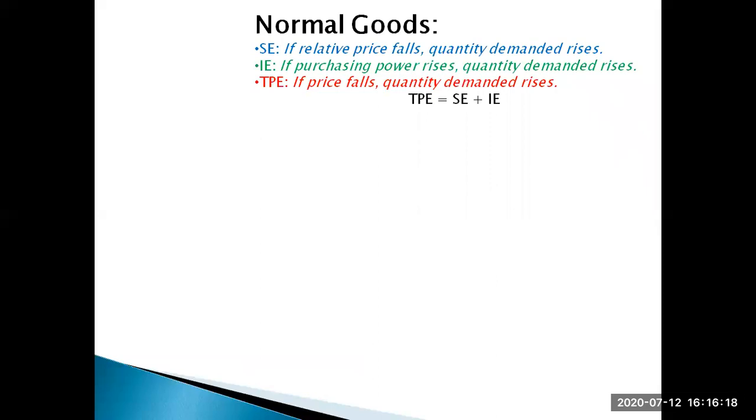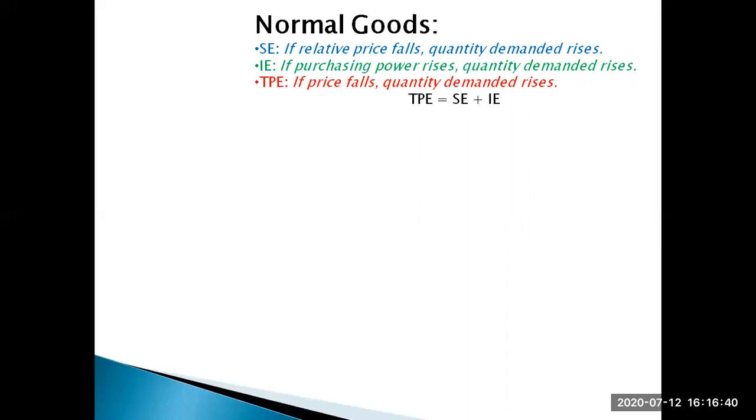Whenever the relative price of a good falls, quantity demanded of that good will always rise. In case of normal goods, if the purchasing power rises, the quantity demanded will rise. This income effect is true only in case of normal goods, not in case of Giffen goods or inferior goods.